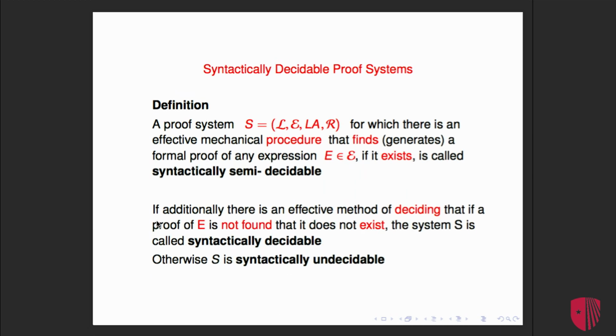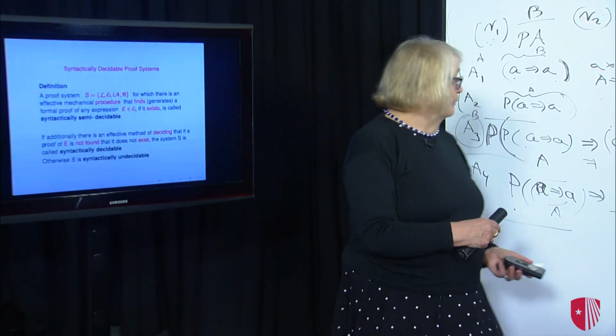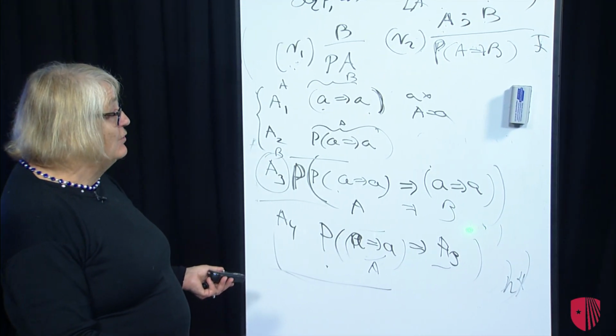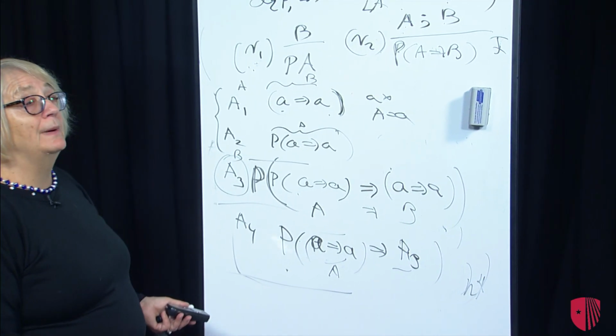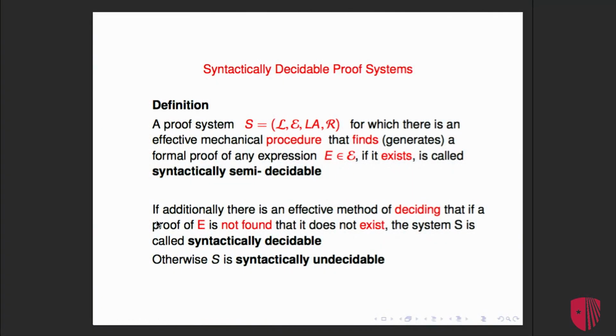And now we say that we want to find the proof. Here I say, okay, I give you a formula. Can you find the proof automatically? And that is called the proof being syntactically decidable.